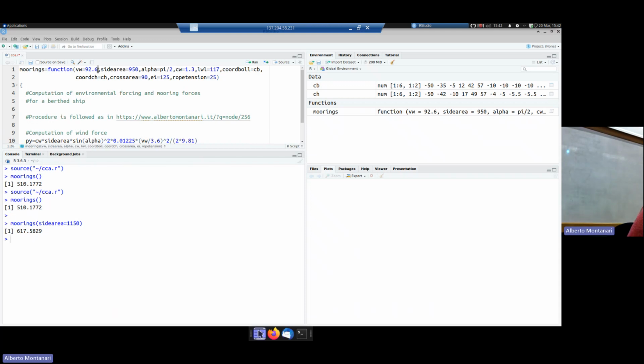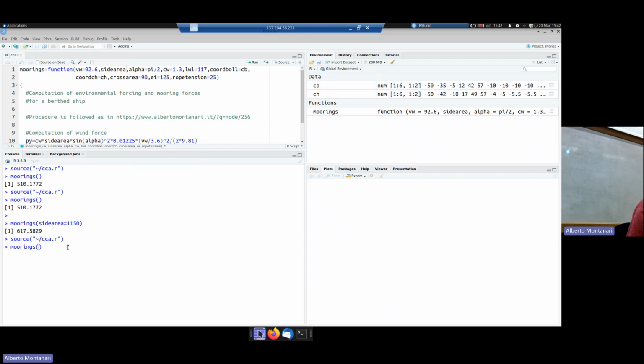Now let me just show you. Let's suppose that we didn't give a default for side area. I removed the default, and then I source it, and then I just type moorings without any argument.